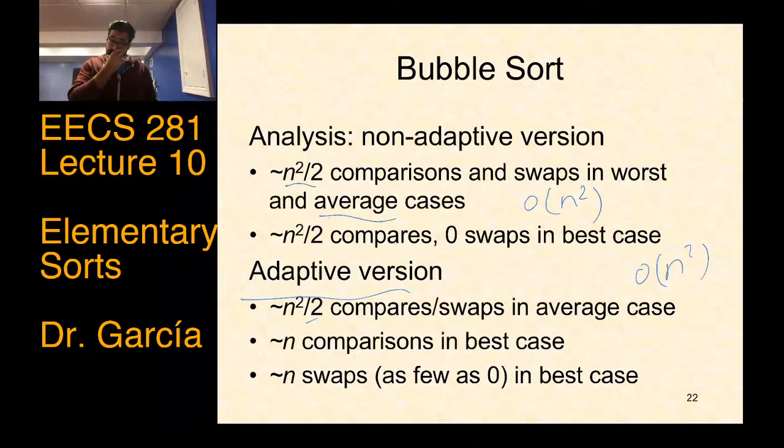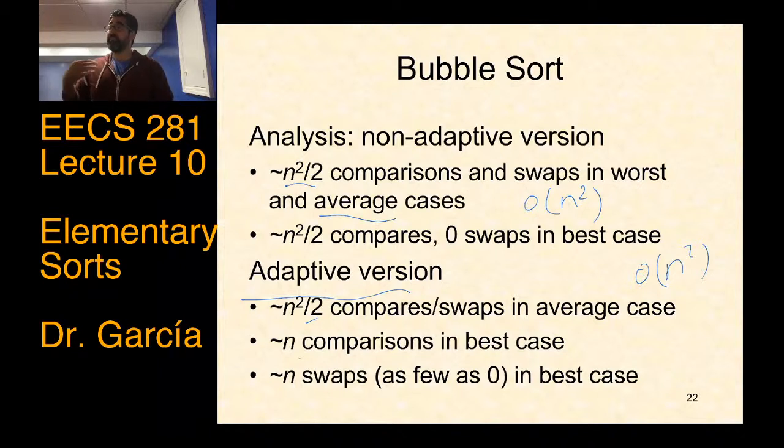Now here, because we have that Boolean, we have a linear number of comparisons that you would get in the best case. That would be, say, if you give it as input a sorted array.